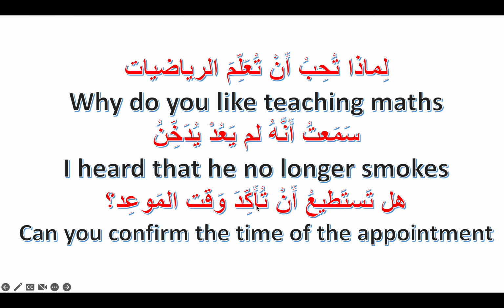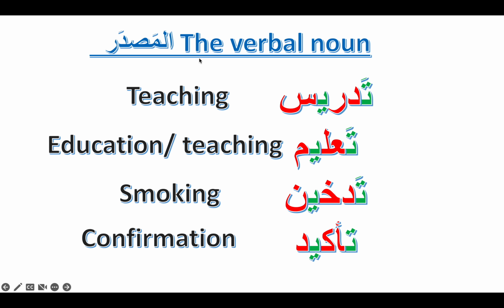Now, let's see how to form the masdar of verbs in Form 2. Now the masdar is the verbal noun. I'll attach my video on masdars explaining them in the description. So to form the masdar, you just take the three root letters and in front of the first root letter you put a ta with a fatha on top.